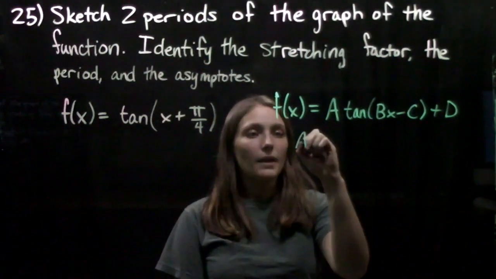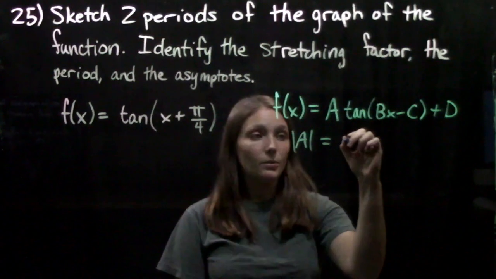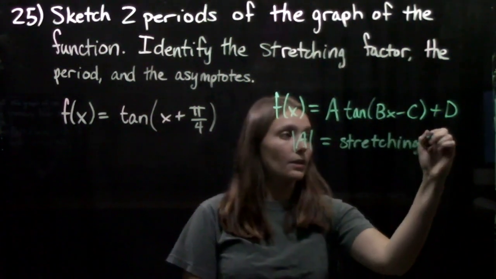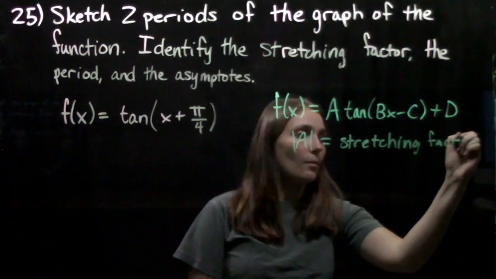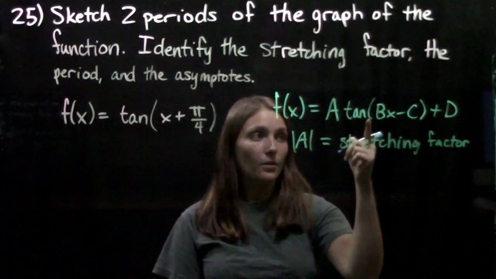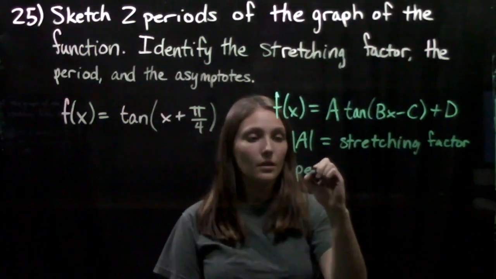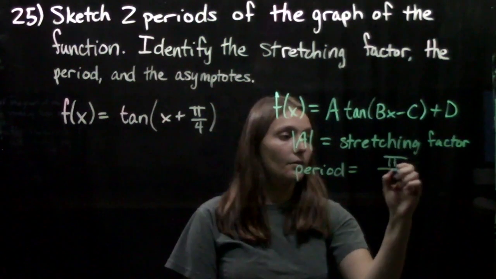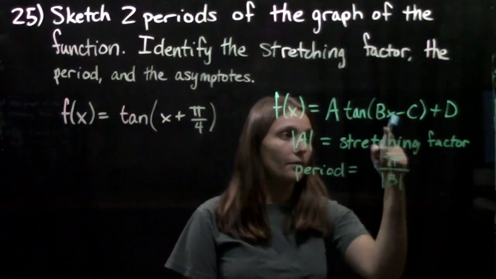The absolute value of a is going to be equal to your stretching factor, and the stretching factor is going to tell you how much you stretch the tangent graph by. And then our period is going to be equal to pi over the absolute value of b.